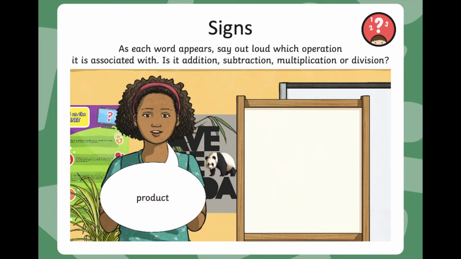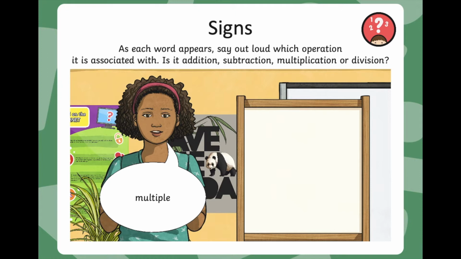Product is multiplication. Groups of. Now groups of could be division or multiplication. Difference is subtraction. Plus is addition.